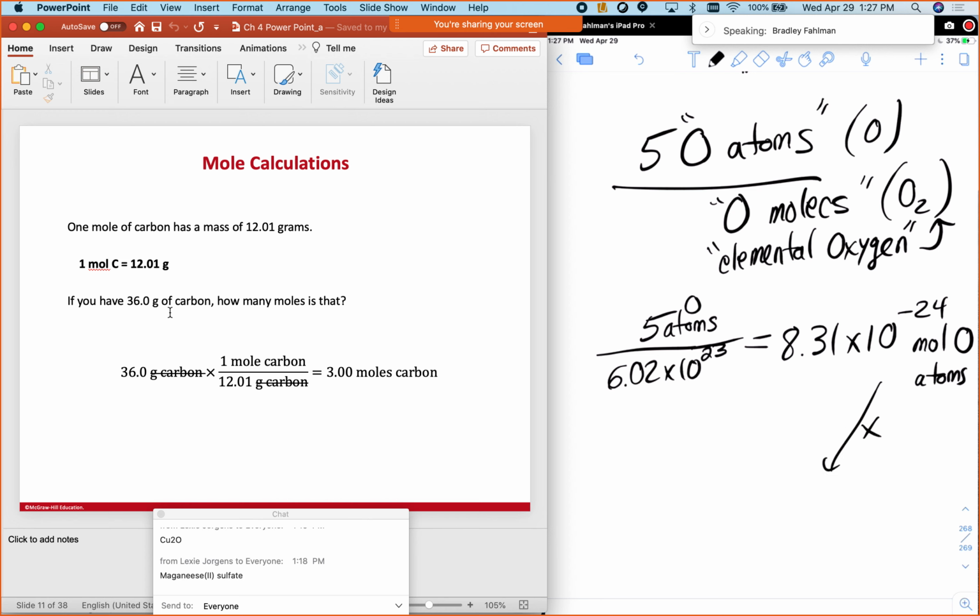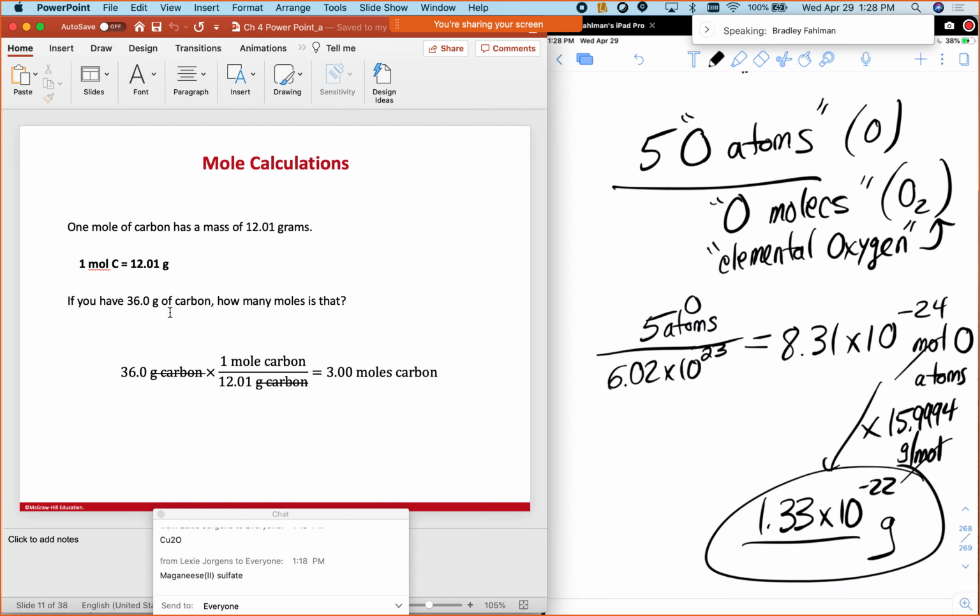Then you multiply by 15.9994 grams per mole. The moles go away, and you end up with so many grams: 1.33 times 10 to the minus 22 grams.